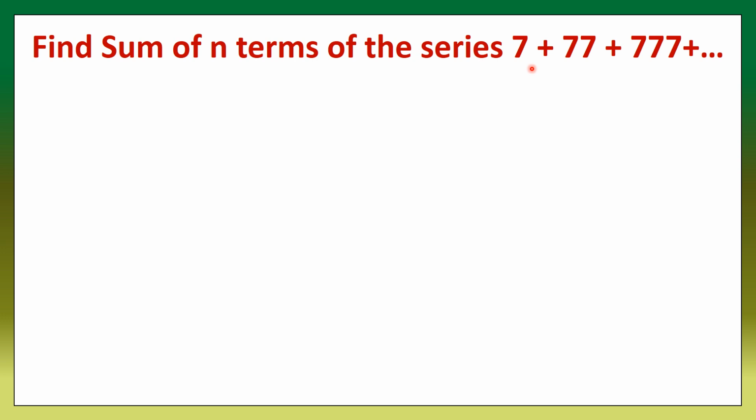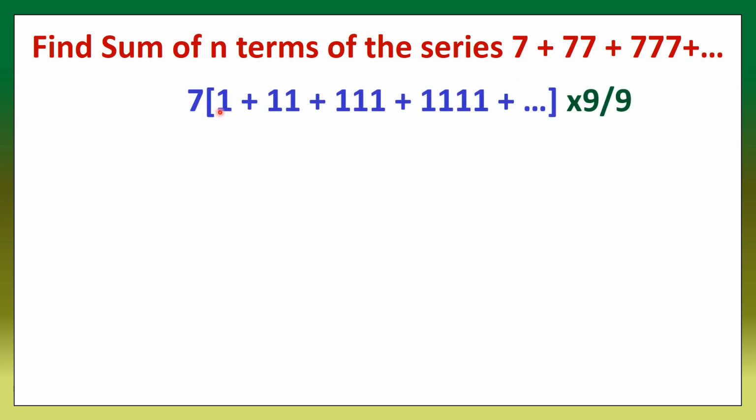First, we are taking out this 7. 7 being common, we are taking it out. So, 7 into 1 plus 11 plus 111 plus 1111 plus dash. The next step is multiplying and dividing the whole thing with 9. A number multiplied and divided by the same number is same as the old one.